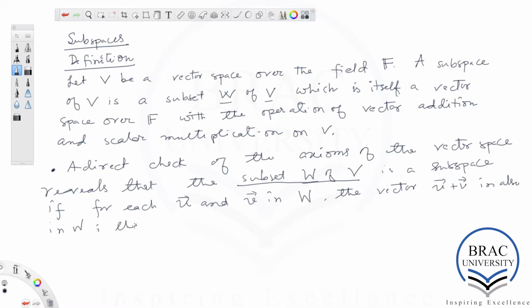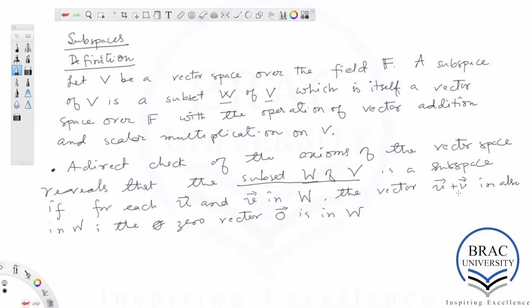The zero vector is in W. Okay, so the subset that we started with requires to be closed under vector addition. That's what it means, by the fact that U and V being in W, U plus V also has to be in W.